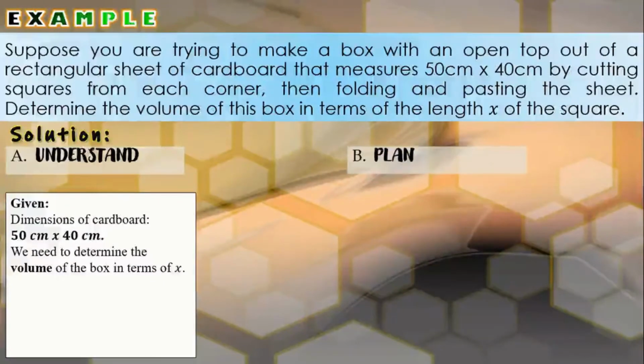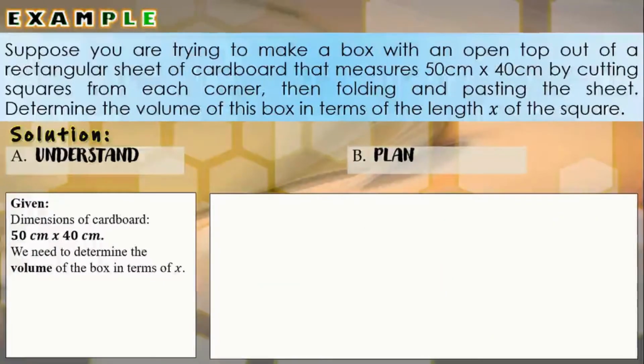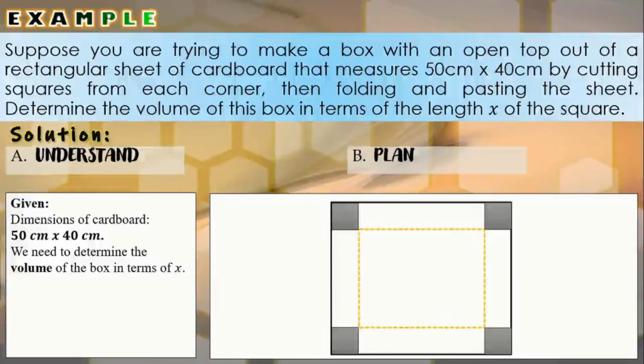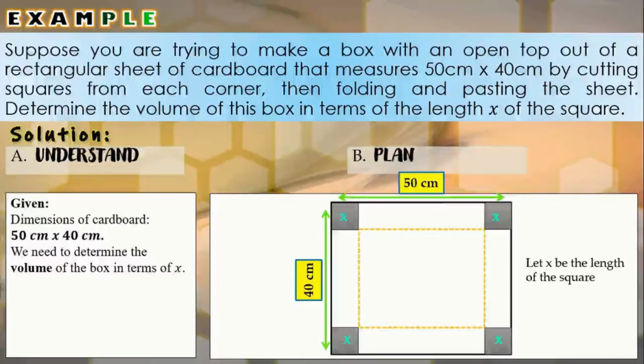Next step is to plan. So we have to figure it out kung ano yung sinasabi sa problem. So let's say, eto yung rectangular sheet of cardboard. So remember, ang sukat nila ay 50 by 40 centimeter. Now, yung mga squares na nasa corner, let x be the length of that square.